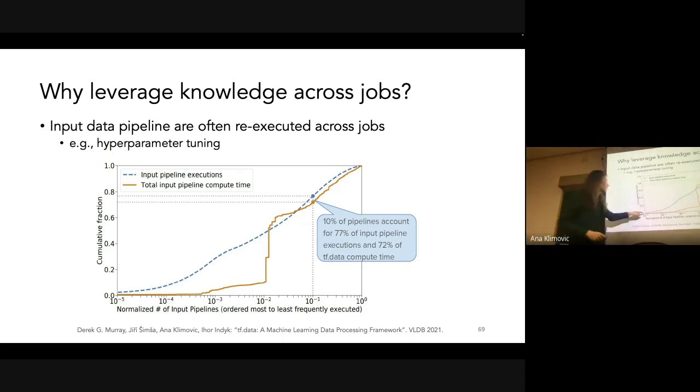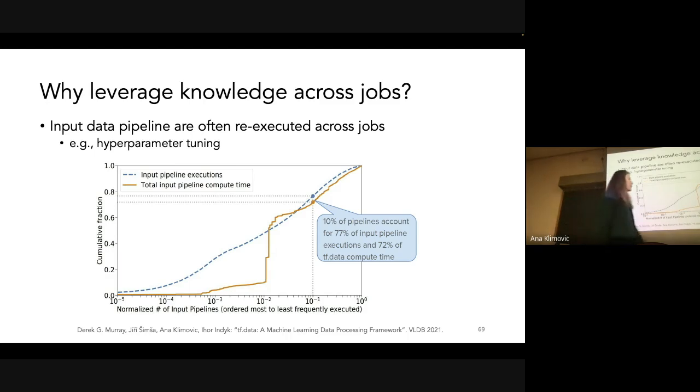The blue line shows the CDF of input pipeline executions, and the orange is input pipeline executions weighed by their computed cost. These big orange jumps are places where an input pipeline was particularly expensive to compute, weighed by how often it was actually executed.